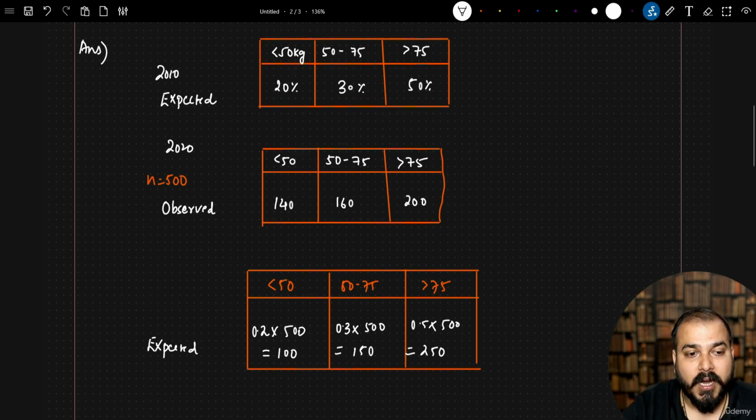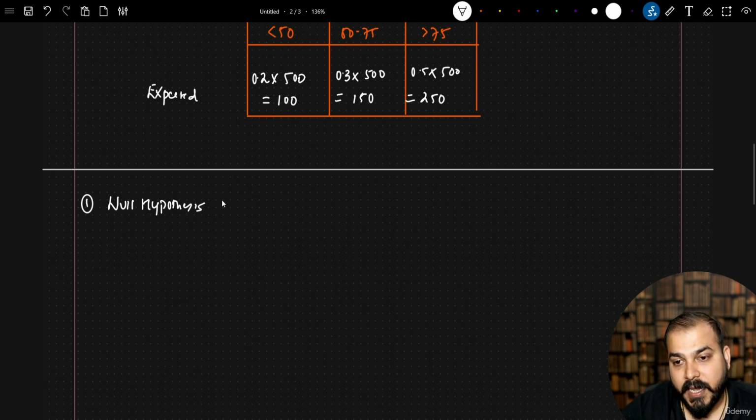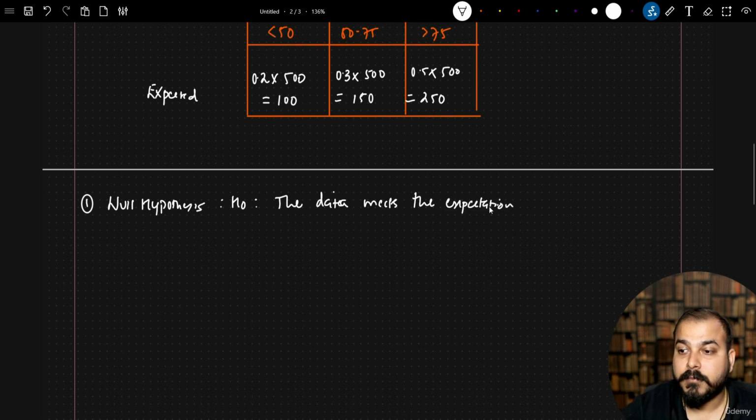So the next step, obviously, we'll go ahead and write our null hypothesis. Null hypothesis is very simple to write in this case. My null hypothesis, H0, says the data meets the expectation. Then what is my alternate hypothesis?